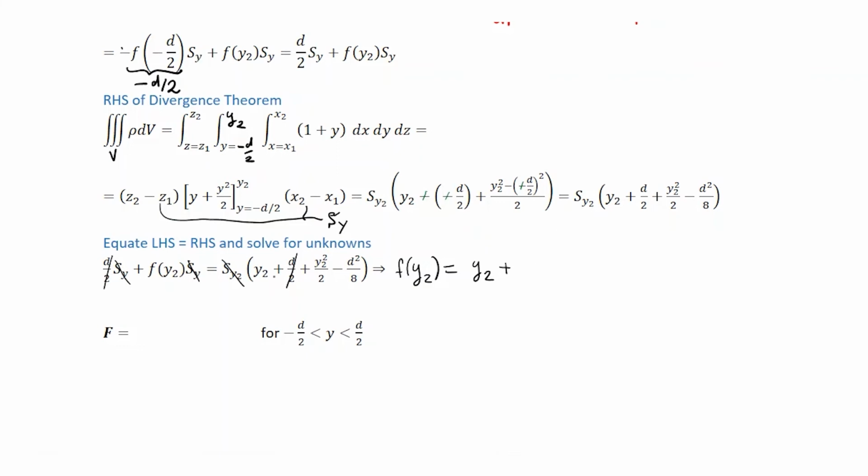So we get y2 plus y2 squared over 2 minus d squared over 8. So this is it for f of y2.